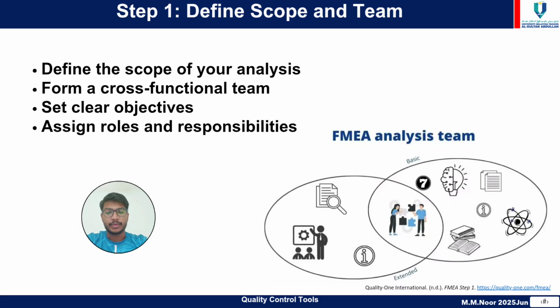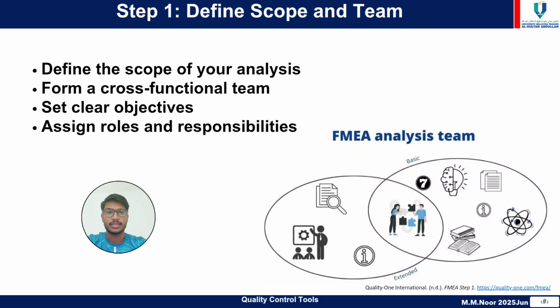First step to FMEA is to clearly define the scope of your analysis. So questions that you can ask are, are you evaluating a full product, sub-assembly, a specific process step? You need to establish boundaries to avoid overcomplicating the FMEA or missing key areas. Then you form a cross-functional team that includes people with multiple skill sets as well as experience and knowledge.